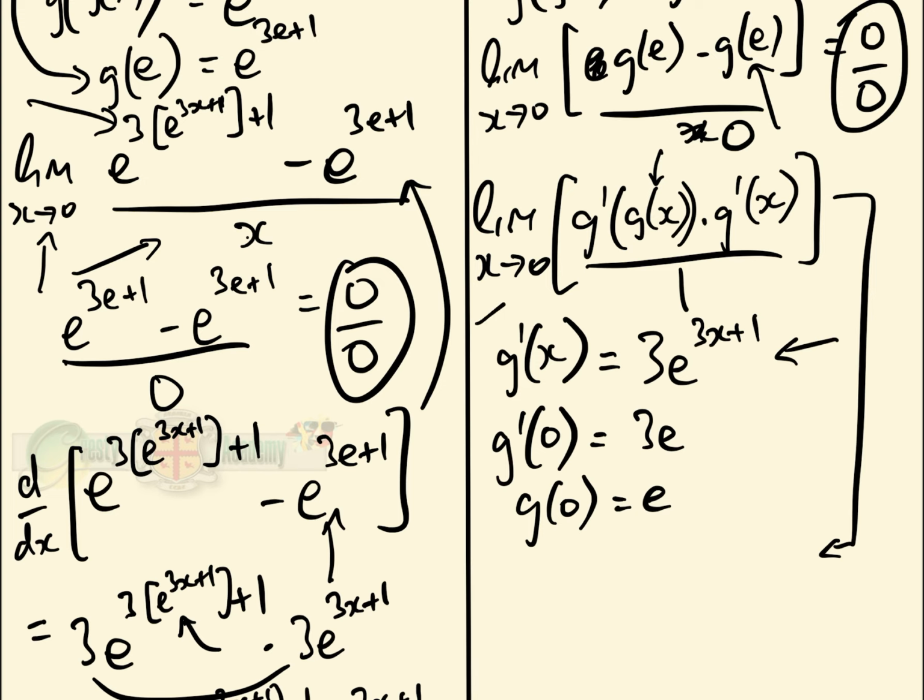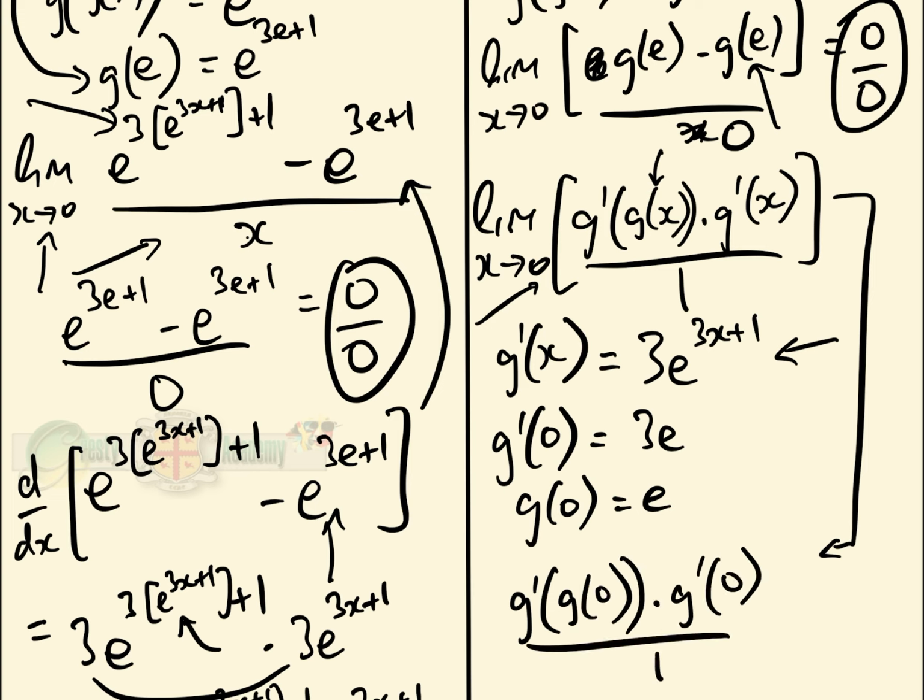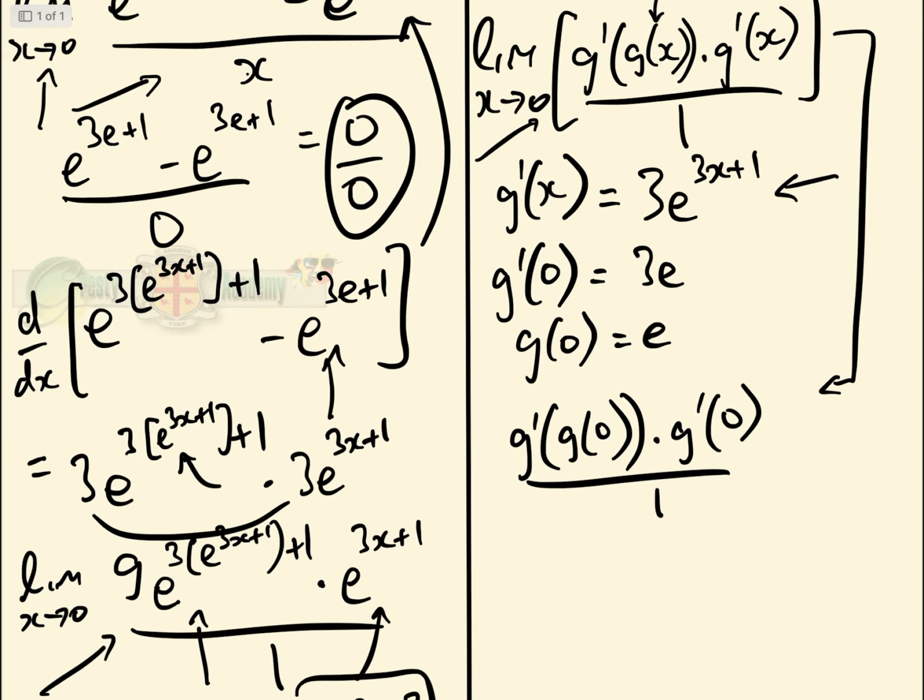So we have that the limit as x approaches 0 is g dashed of g of 0 times g dashed of 0 over 1, and that basically equals g dashed of e, which is 3e to the 3e plus 1 times 3e, which equals 9e to the 3e plus 2.